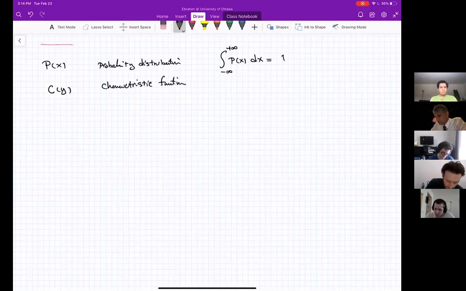And this characteristic function is essentially the Fourier transform of the probability. So essentially, if you have a probability P(x), do the Fourier transform.